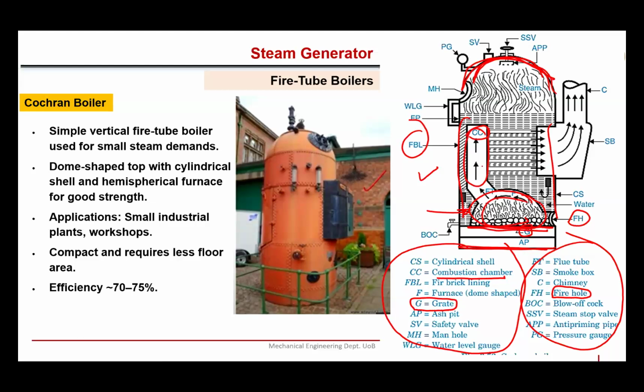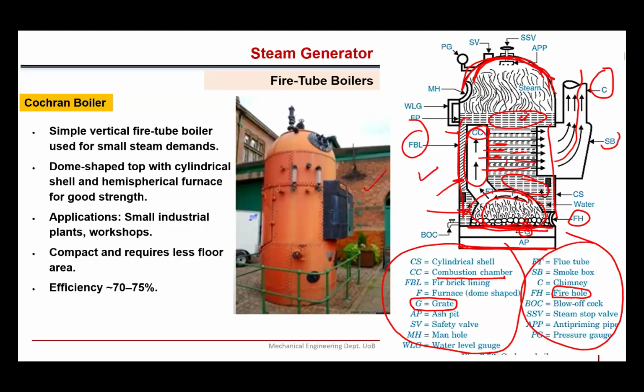Now these hot gases are flowing through these tubes, and this is all water, liquid water. These tubes are passing through this liquid water everywhere. You see these dotted lines. These represent liquid water. And the hot gases, while flowing through these tubes and after transferring heat to that water, leave through the chimney, right?